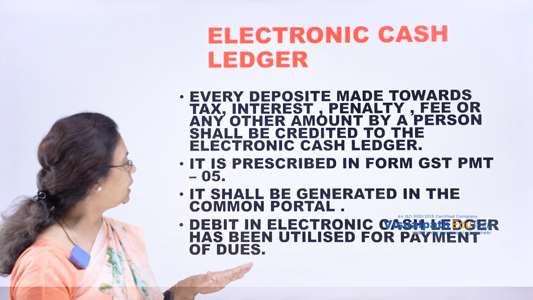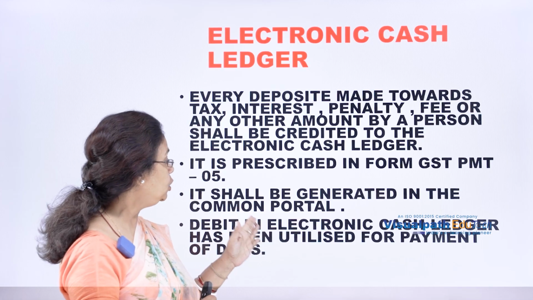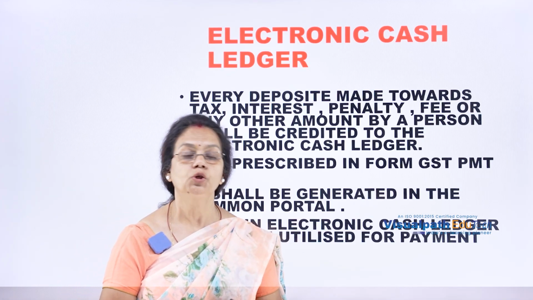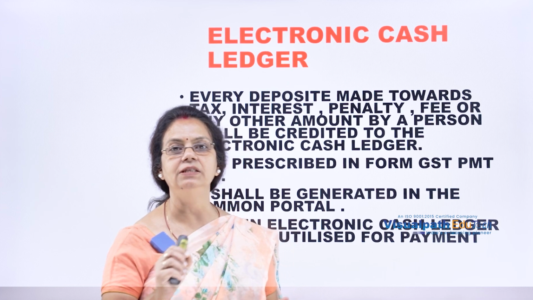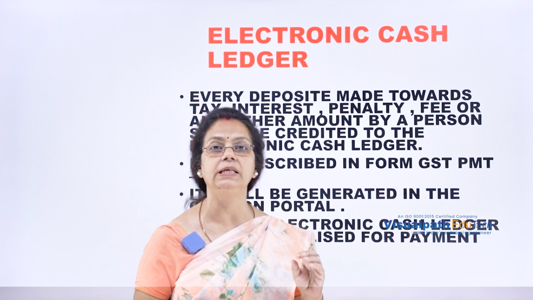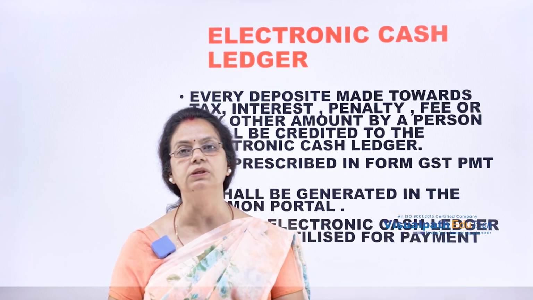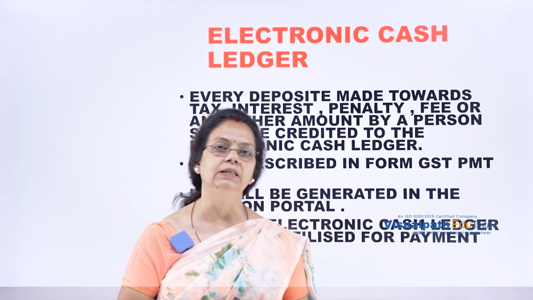Debit in the electronic cash ledger has been utilized for payment of dues. So if it is mentioned debited, that means there are dues which have to be paid by the GST authority to the outsider.